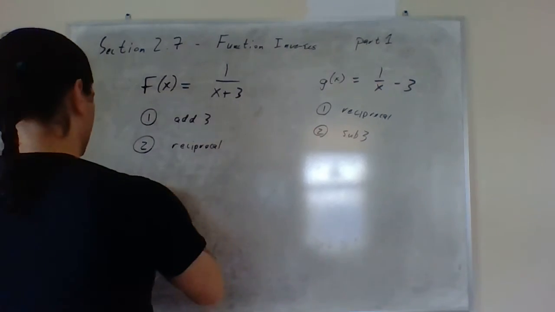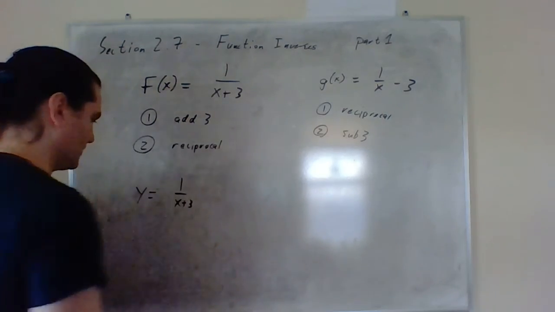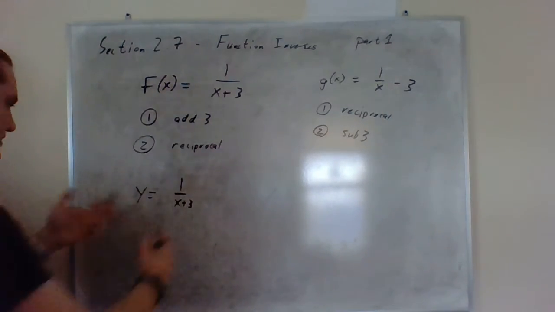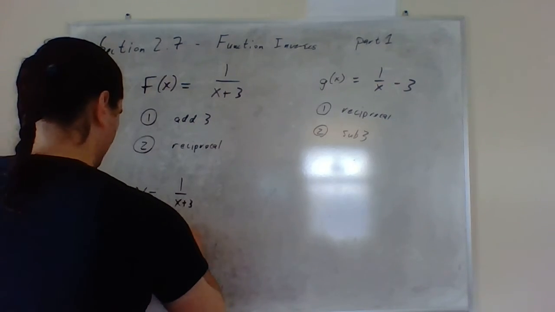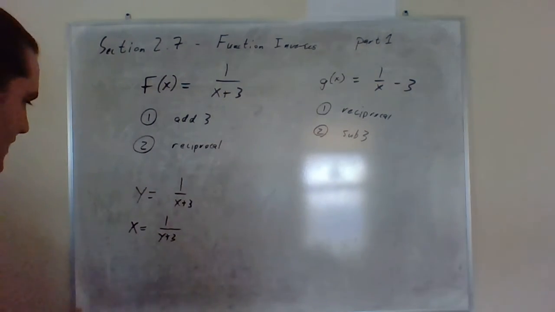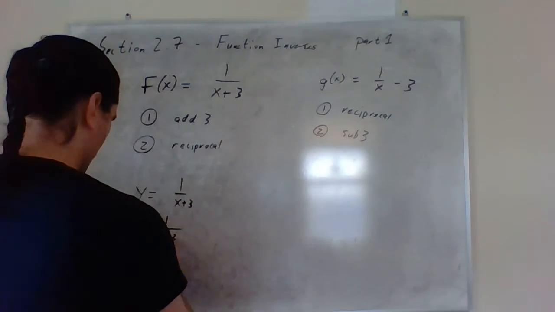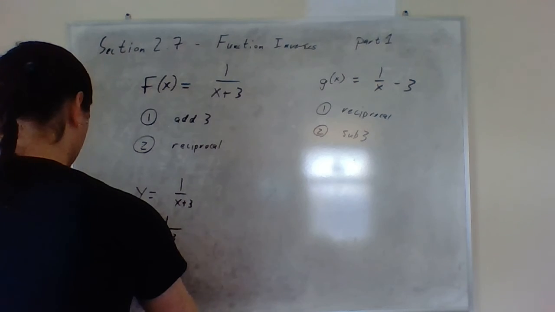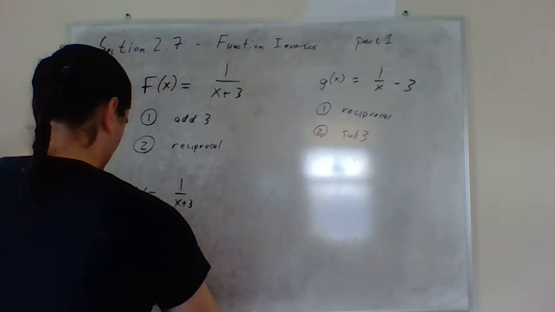If you're doing this problem with the book's technique, y equals 1 over (x plus 3). You would switch the x and y and say x equals 1 over (y plus 3). You kind of have to still do the same thing. Maybe you multiply everything by y plus 3 and get (y plus 3) times x equals 1.